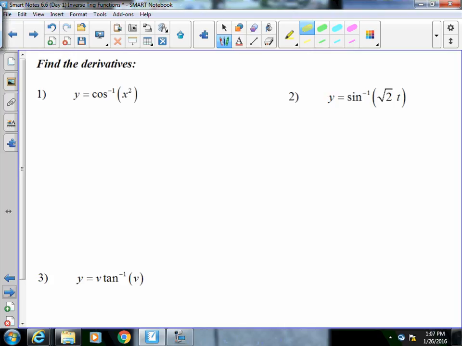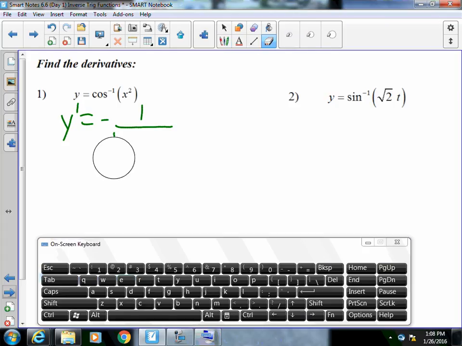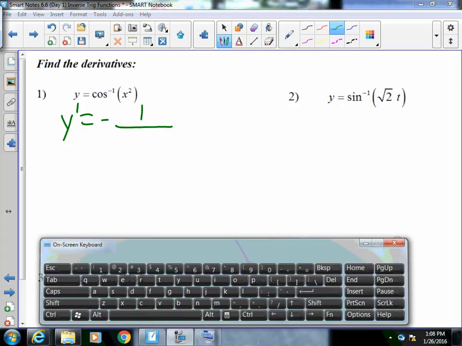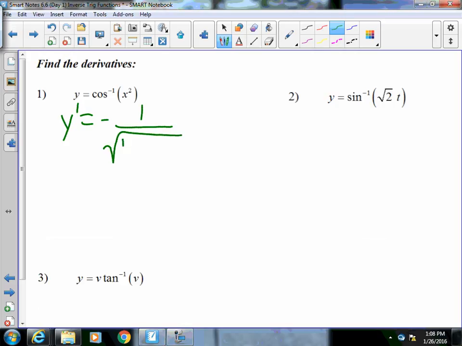Derivative: y equals inverse cosine of x squared. We're going to derive. So y prime. If you look at that table or the box just above, we know that the derivative of inverse cosine is negative 1 over radical 1 minus x squared.